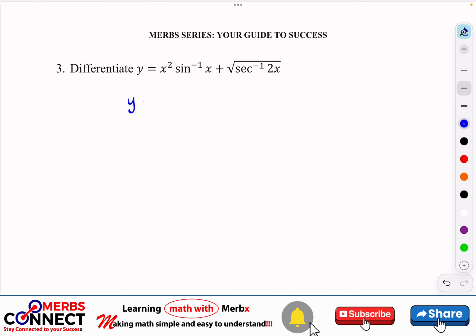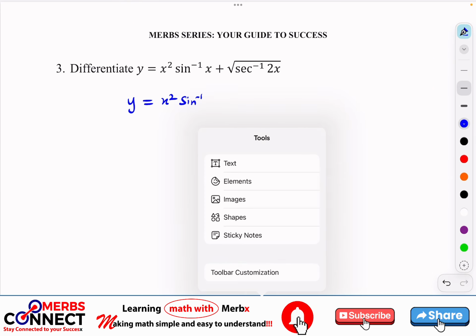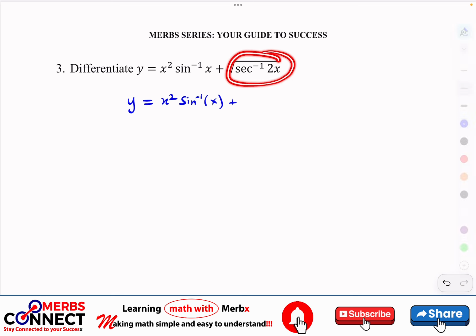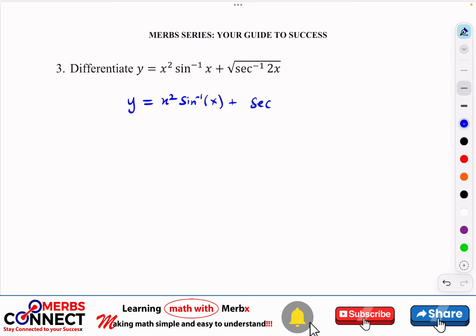So y is x squared sine inverse of x plus, now the square root here, I can write it as secant inverse of 2x to the power 1 over 2.